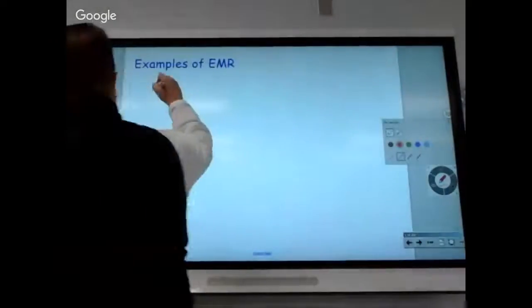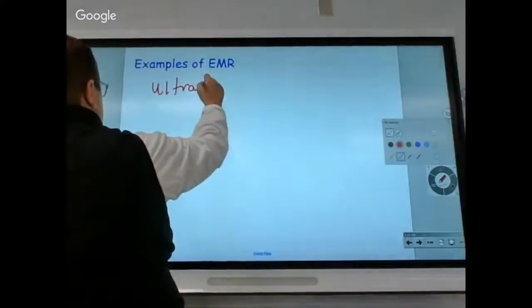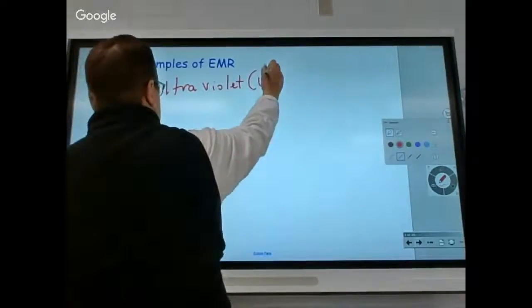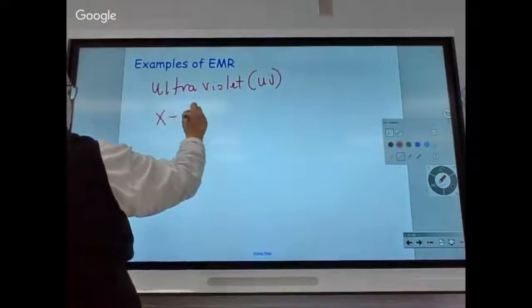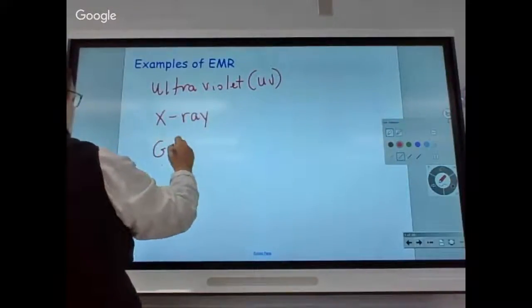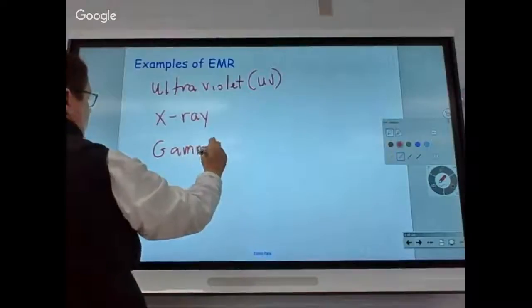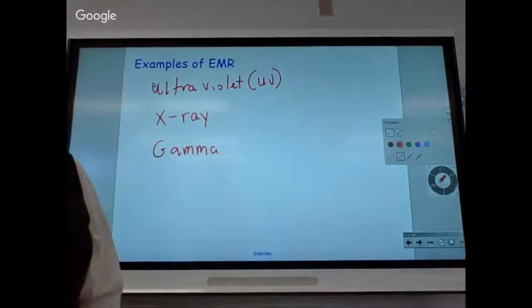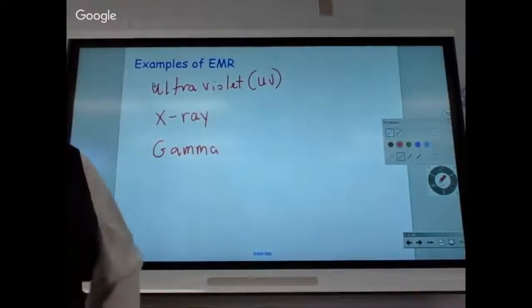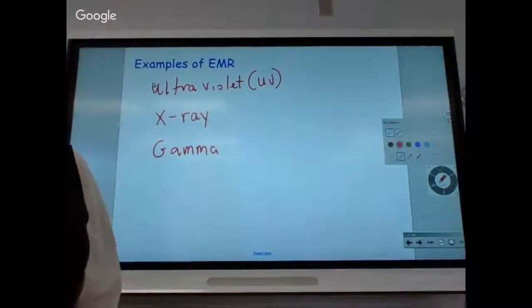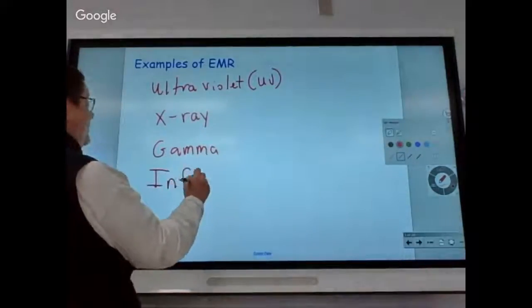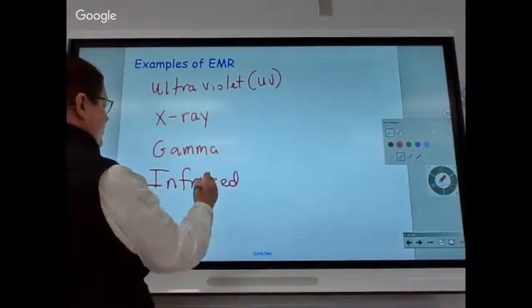All right, so ultraviolet, if I can remember what you said, which we often abbreviate UV, X-ray, gamma, infrared. Infrared is abbreviated IR.